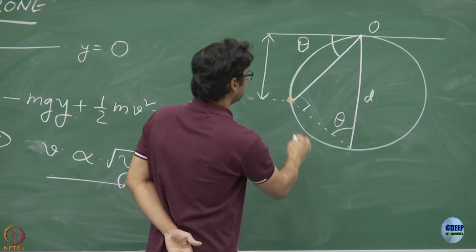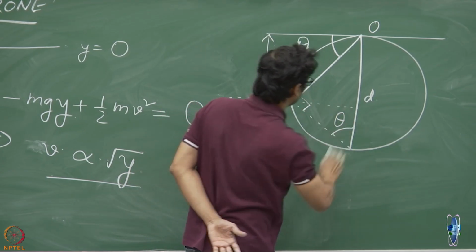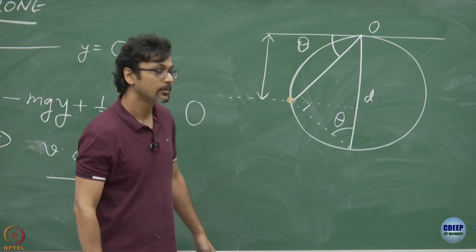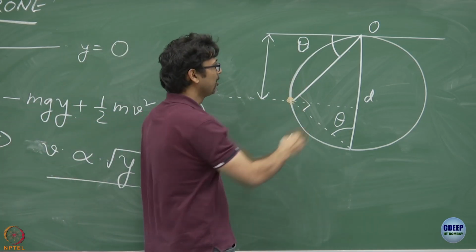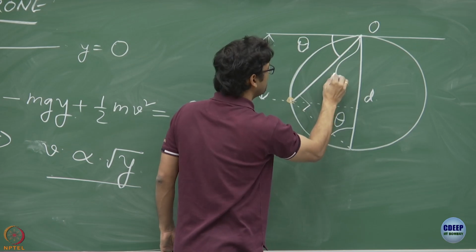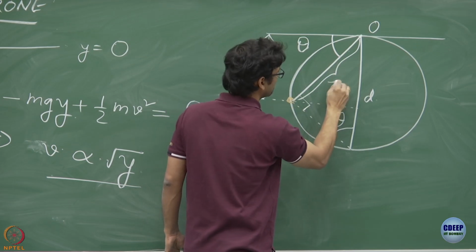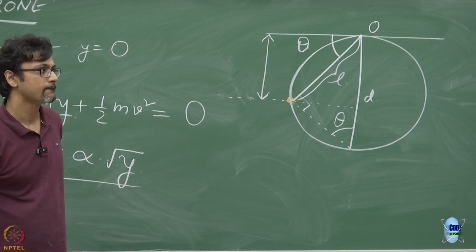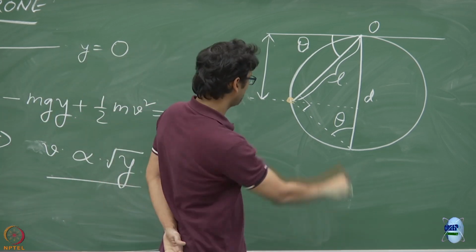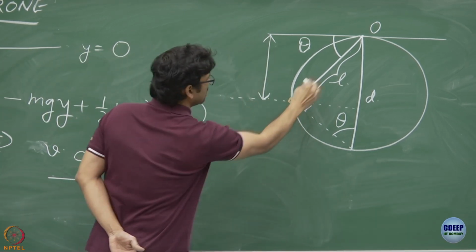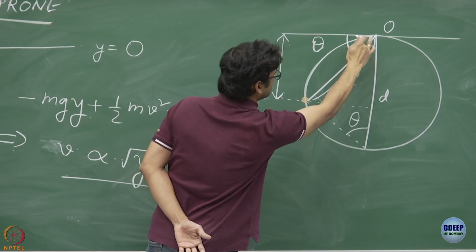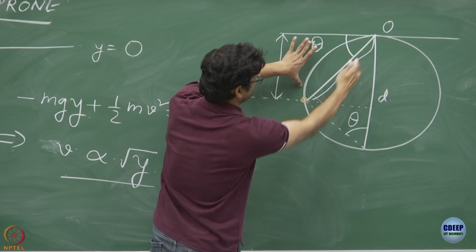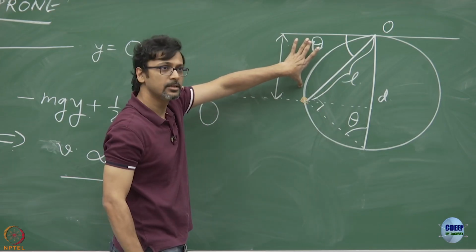Well, first you look at this. Sorry, you've already gotten to the expression, but let me just do a little bit of elementary calculation here. This is L here. So this y upon this L, that's sine theta.